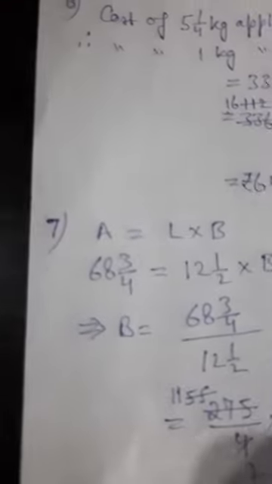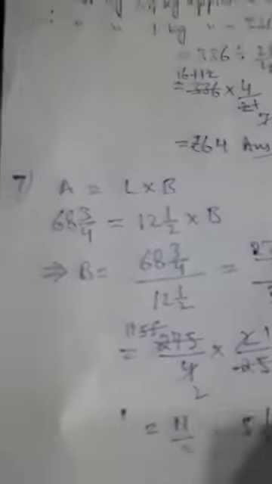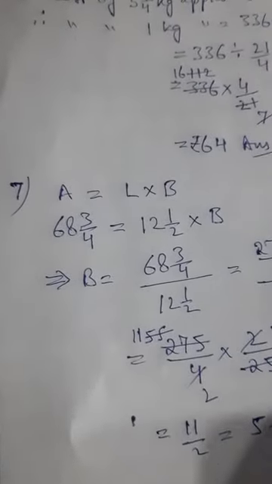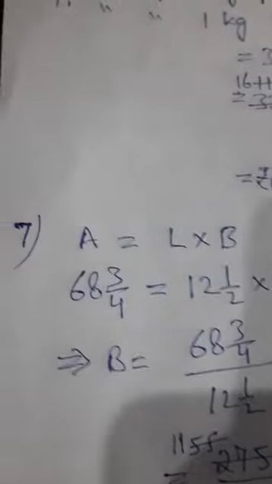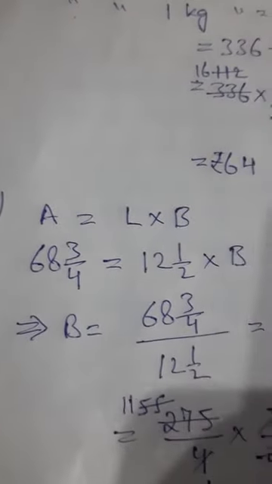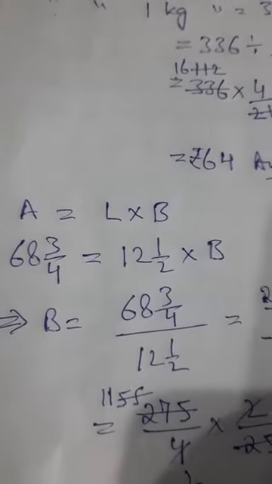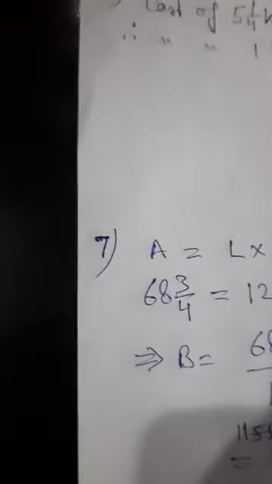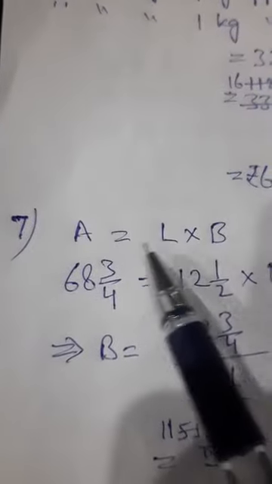Question number 7 now. Read the question. The area of a rectangle is given as 68 whole 3 by 4 meter square and the length is given as 12 whole 1 by 2 meter, and you have to find the breadth of the rectangle. You know area of a rectangle is length into breadth.